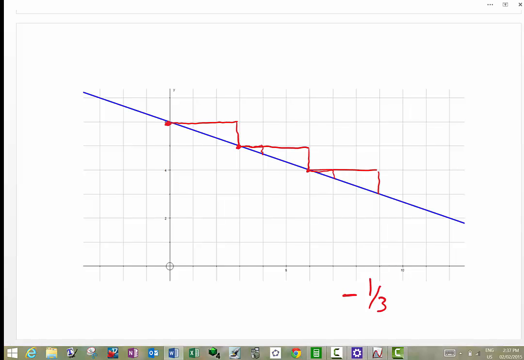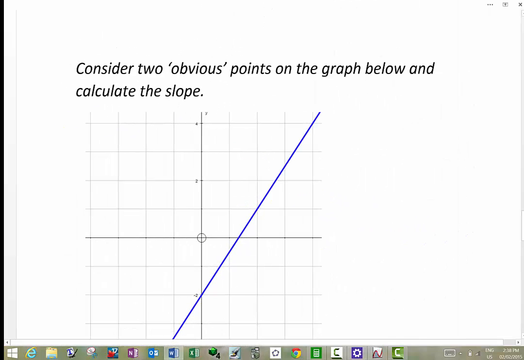If we go 6 units across, we go 2 units down, 1/3 of how far across. A good way to get used to this is to actually find nice places on the grid where they do intersect the coordinate grid precisely and work it out from there. So here we see that there's another intersection here and another intersection here.